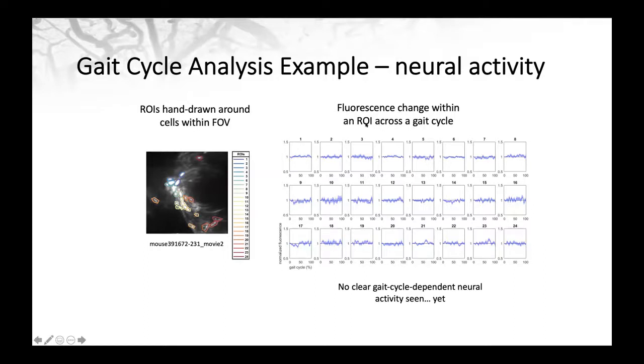So each of these traces shows the fluorescent signal of different ROIs correlated to the gait cycle. In this particular mouse, we did not see any clear correlation between any change in fluorescence and the gait cycle. This is just one example.